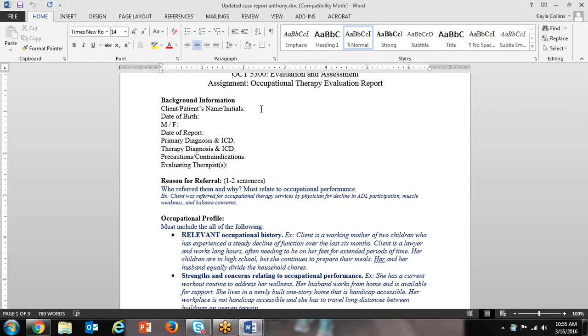His primary diagnosis should be related to what he was referred to, so his medical diagnoses, what he's being treated for, and he's being treated for developmental delay. So in ICD-10, you need to go to the ICD-10 lookup website and find a diagnosis related to developmental delay. There is not one specific diagnosis that's just called developmental delay.